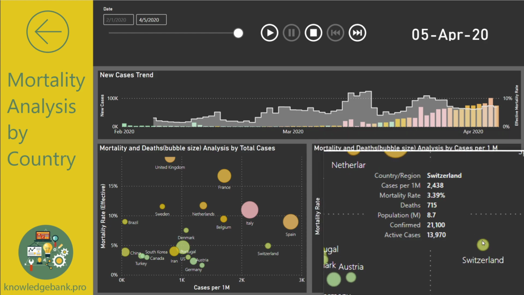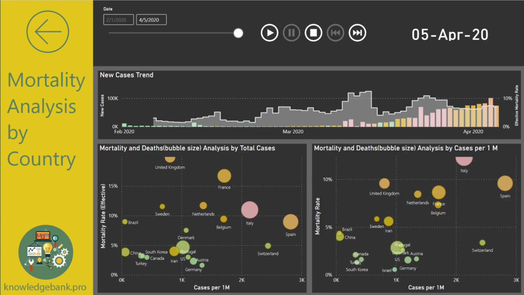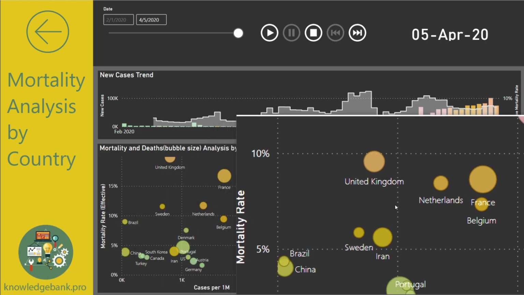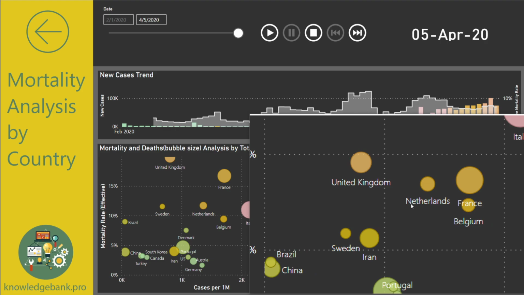We also observed Switzerland, which also has a very high number, 2,438 people per 1 million, but also has a very low mortality rate of 3.39%. At the same time, I was talking about the other cluster, the cluster of these European countries: United Kingdom, Netherlands, France, and Belgium.